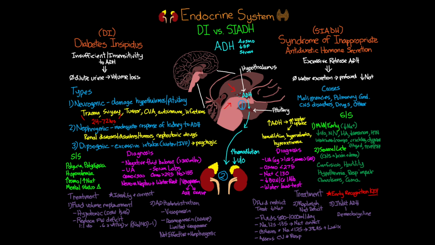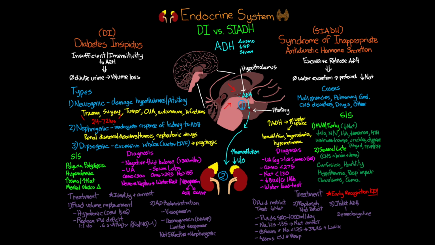All right, so that pretty much covers our SIADH. Important thing to remember with this is that it is a result of an excessive release of antidiuretic hormone. Our body is going to be really concentrating that urine, and we're going to end up with this massive volume overload and this profound hyponatremia, which are going to lead to these early and late signs and symptoms that we're going to see in our patients.